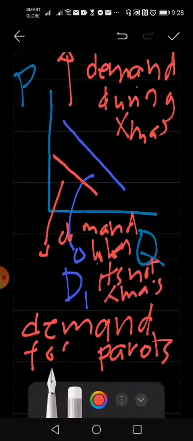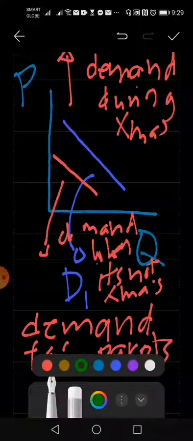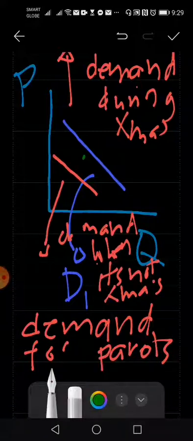And then this is an example of a leftward shift. Kapag bumababa yung demand, it creates a leftward shift. So yun lang yung graph natin. Basically, that's what a graph would look like.